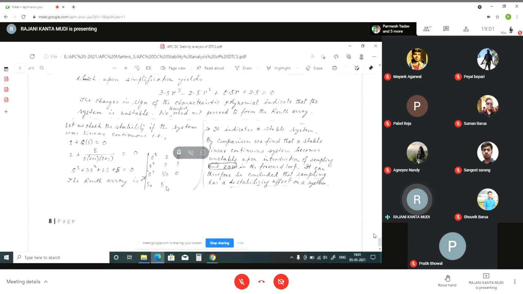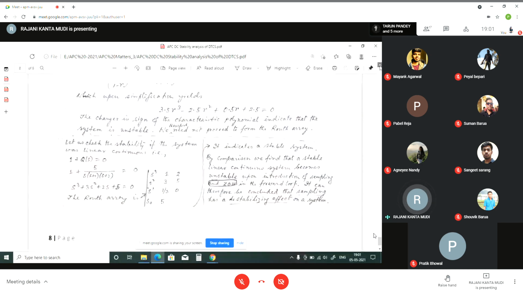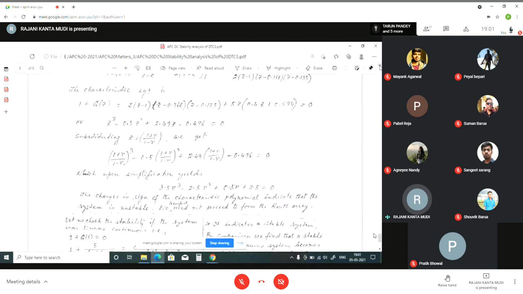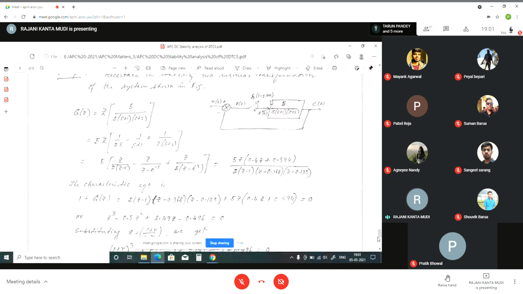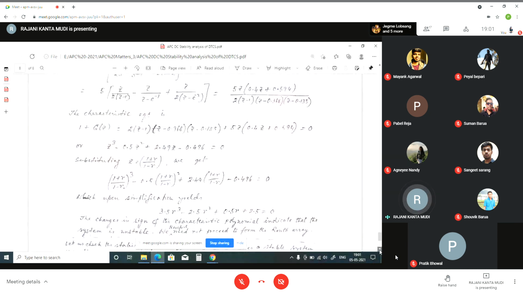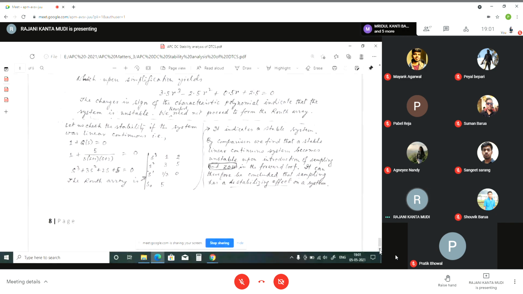What does it indicate? It indicates that the continuous system is stable, but once we introduce a sampler with sampling period T equal to 1, the system becomes unstable. This example again indicates that the sampling process has a destabilizing effect.